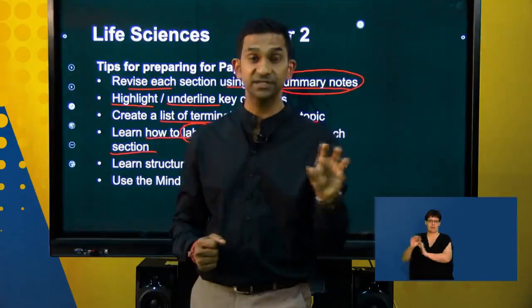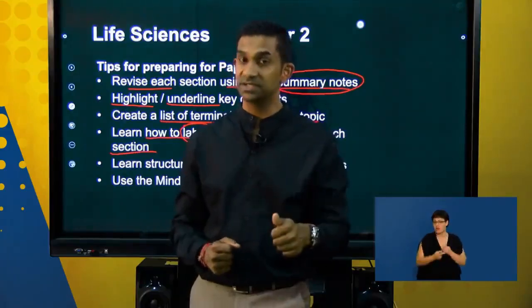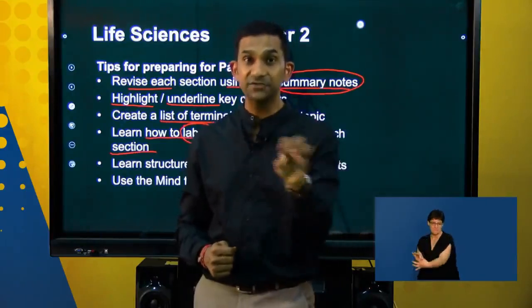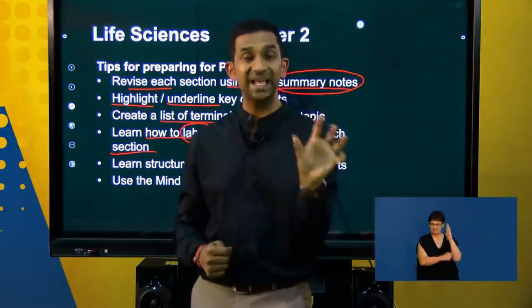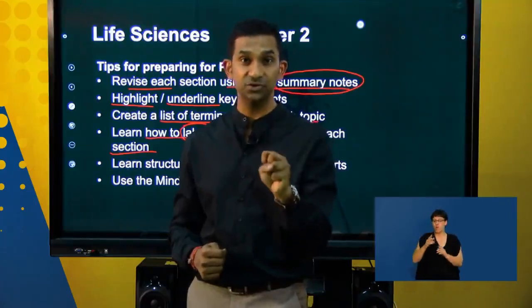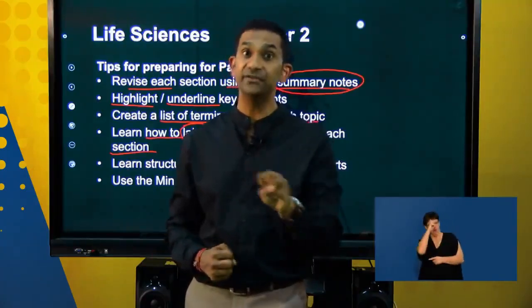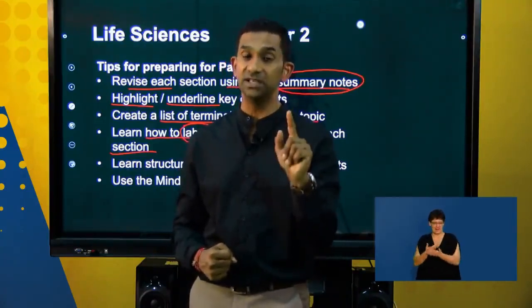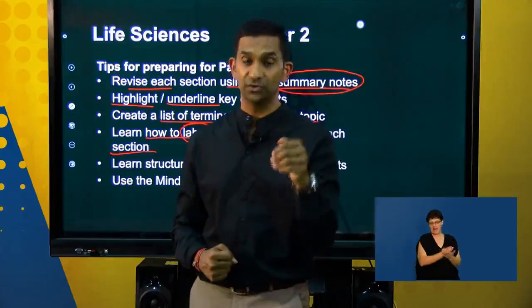Identify key characteristics using terms that are relevant to each section. And that is how a list of terminology, as well as labeling diagrams and using flowcharts, can enhance your ability to learn concepts and recollect them, but most importantly, effectively review these soon before you write.